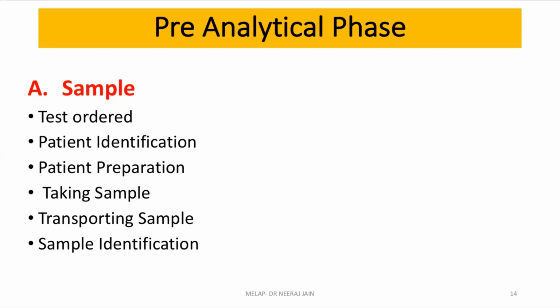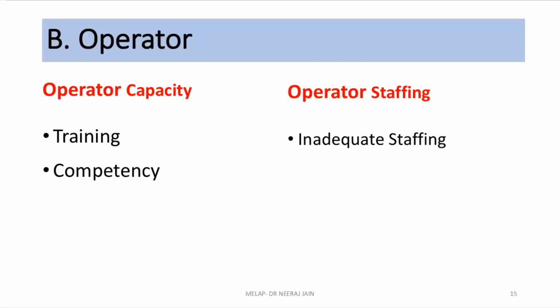How is the sample identified? It should be properly labeled. What should be the contents of the label? And when you are receiving a sample in the laboratory, the information on the label should match the information on the test request form. And with that information, you should be able to locate the patient. And whatever sample load we have, people shall be trained.